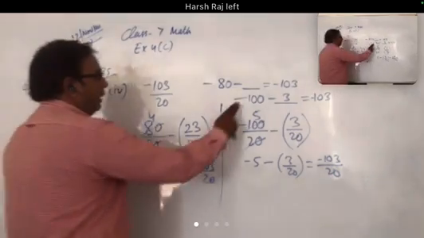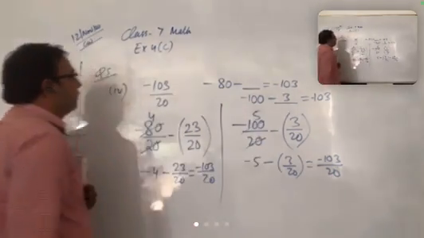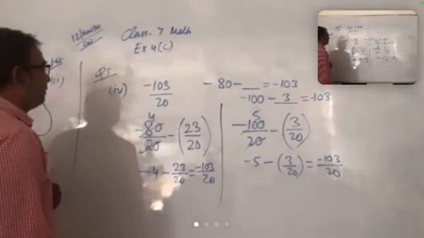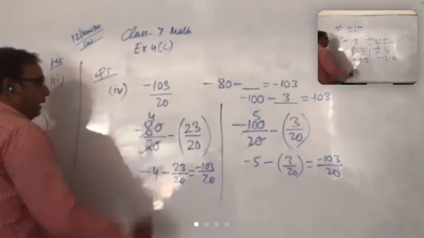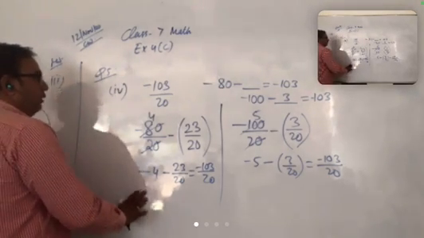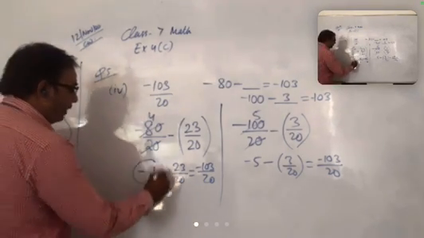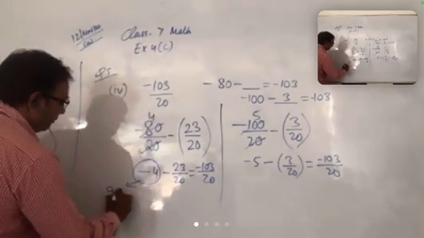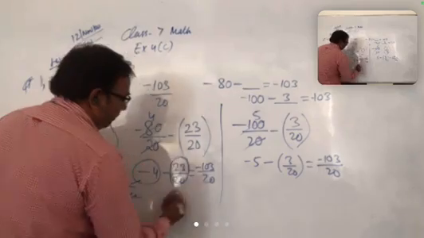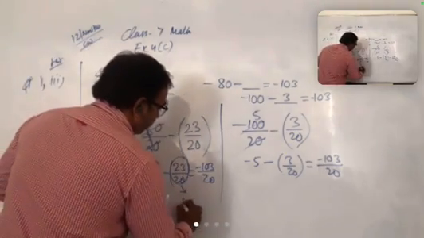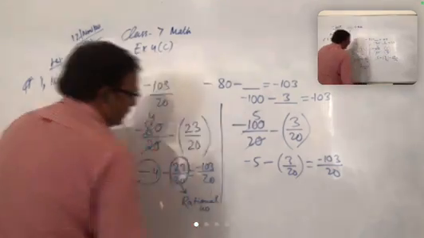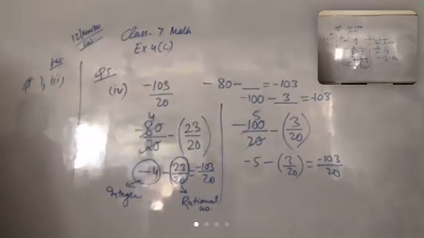Everyone copy both solutions. Upasna, is there any doubt? Did you understand? Are you clear with this solution? So minus 4 is the integer, and 23 upon 20, if you write it in bracket, is a rational number. Okay, this is clear.